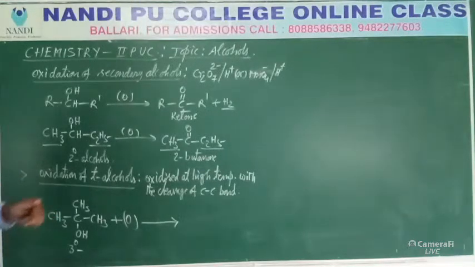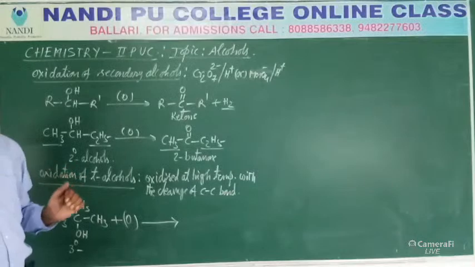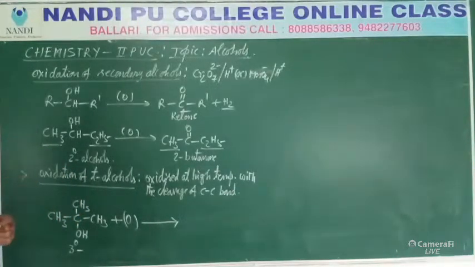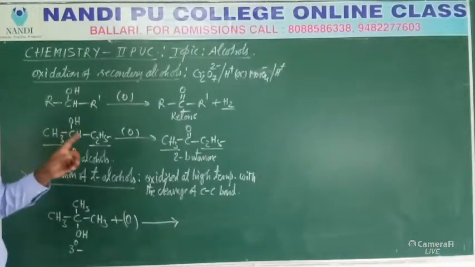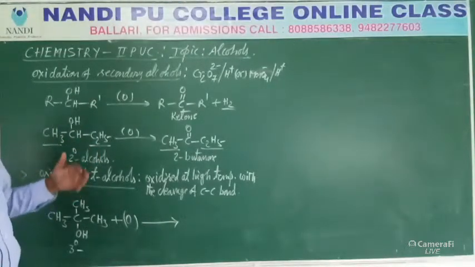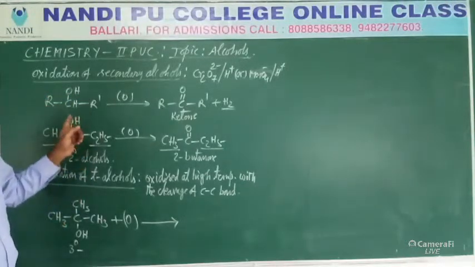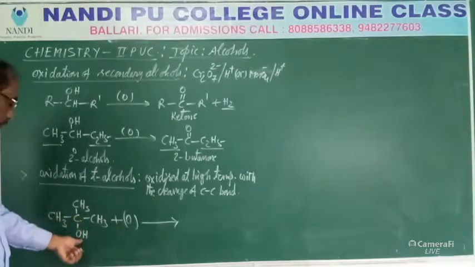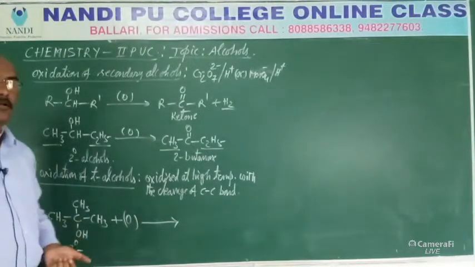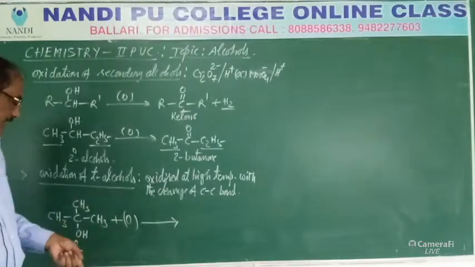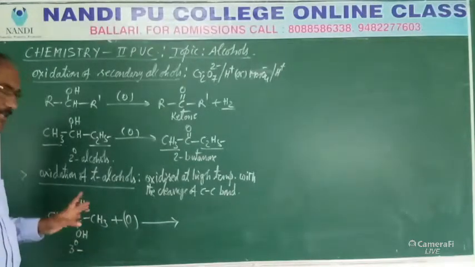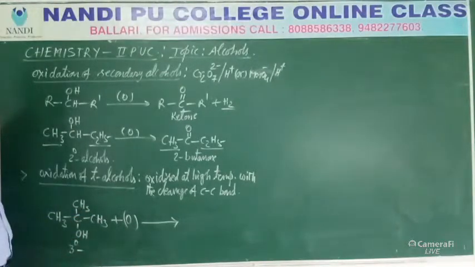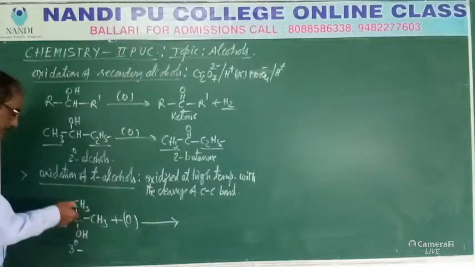Why? Because in the previous alcohols, the carbon atom carrying the alcoholic group, that is the carbinol carbon, carries at least one or two hydrogens. In primary alcohols 2 hydrogens are there, in secondary 1 hydrogen is there. But in tertiary alcohols, the carbon that carries the OH group does not possess hydrogen atoms. So definitely bond cleavage must be taking place. Different options are there: this CC bond, this CC bond, this CC bond.